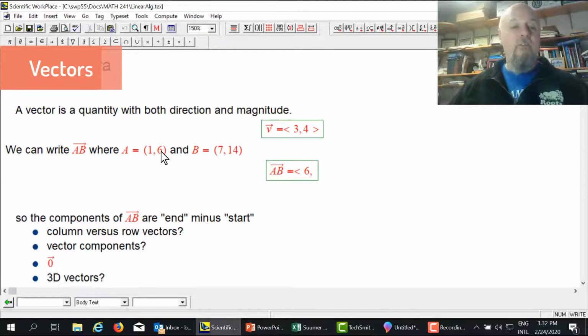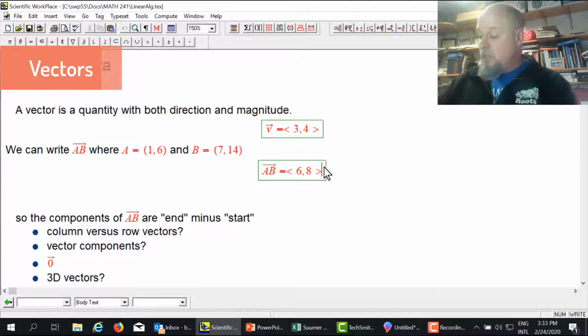The y was at 6 and goes to 14, that's an increase of 8. So by saying the vector AB, where I've defined these points A and B, I can say it's the vector ⟨6, 8⟩.